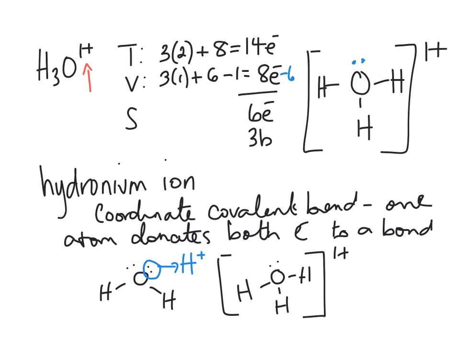So that is a coordinate covalent bond. Instead of sharing, each one bringing some electrons, one atom donates them both. So you have to have lone pairs of electrons in order to do that. The two atoms that do this most are nitrogen and oxygen.